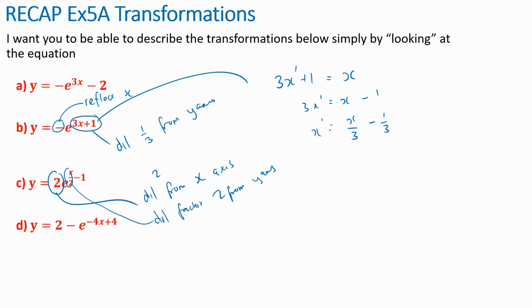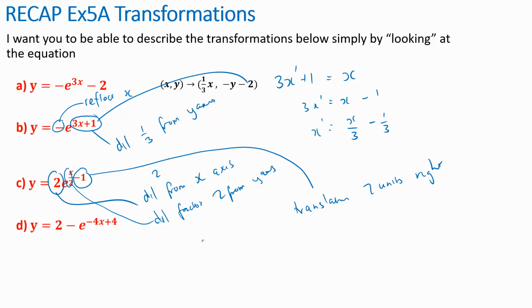And the last transformation, what do I have, Daja? Fantastic, that is correct. Translation of 2 units to the right. So translation 2 units right. And again, same thing. The hardest one is your horizontal, anything to do with the x's. That's the one that's confusing. I always get you to practice instead of writing it out.